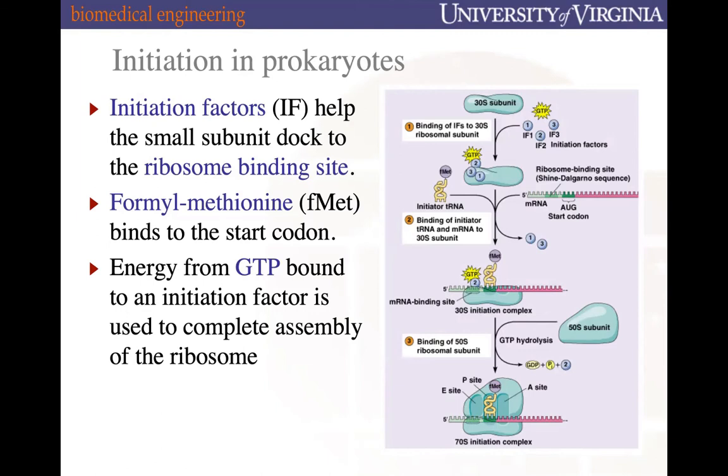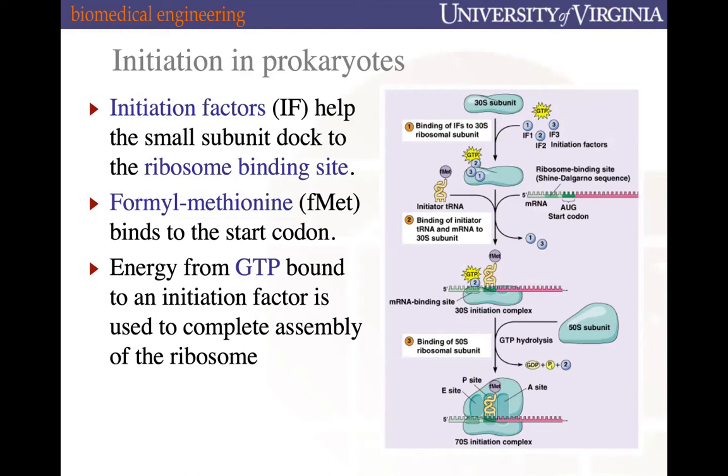So big picture takeaway here, in prokaryotes, there are initiation factors that help bind to this ribosomal binding site, the Shine-Dalgarno sequence, if you want to use the longer, more interesting name.